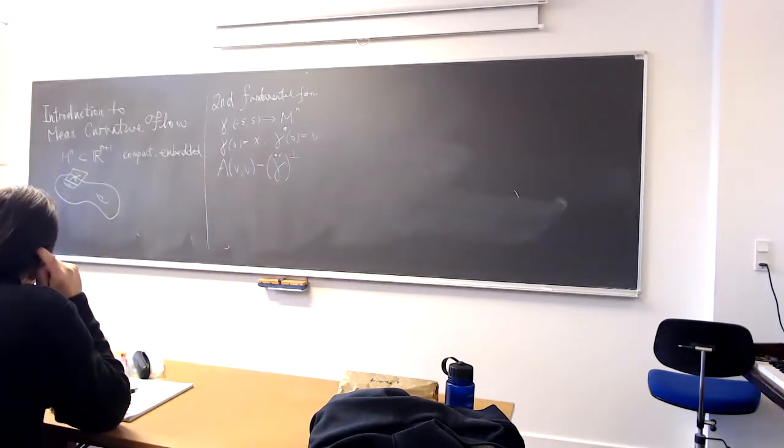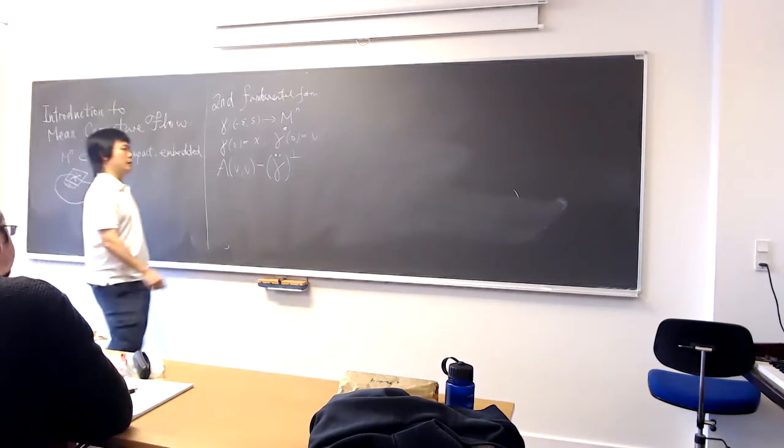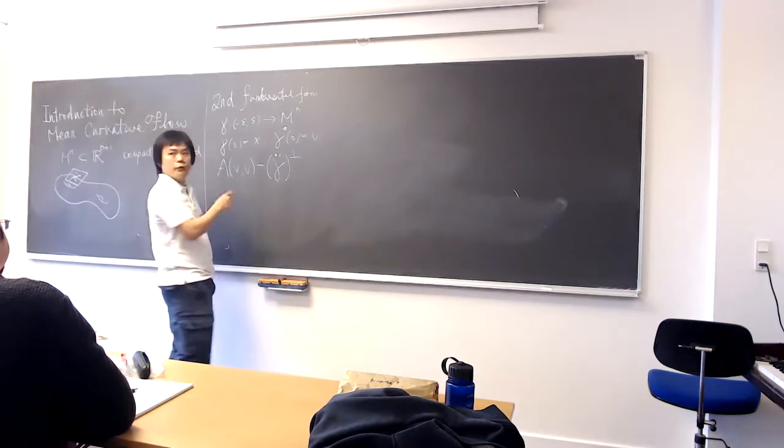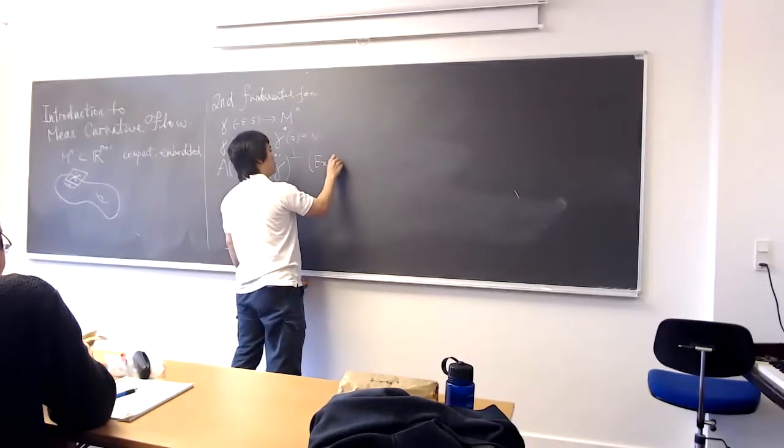Okay, so if you take the tangential direction, that will give you the intrinsic curvature. This second fundamental form is measuring how the surface is curved inside the Euclidean space.